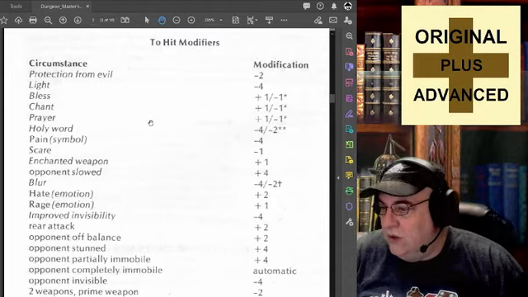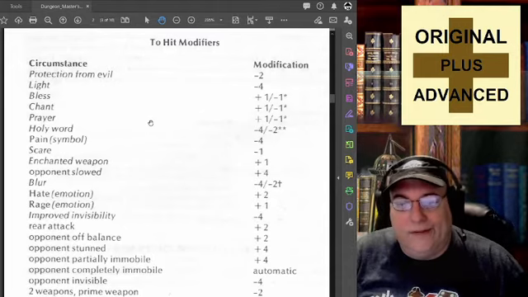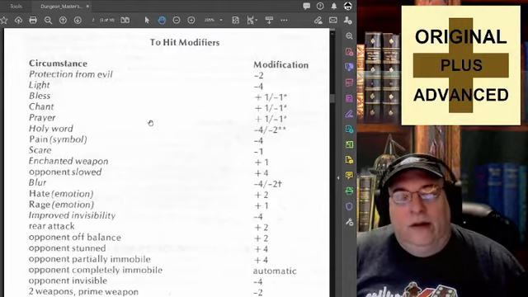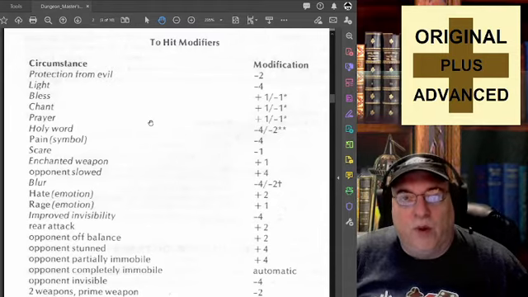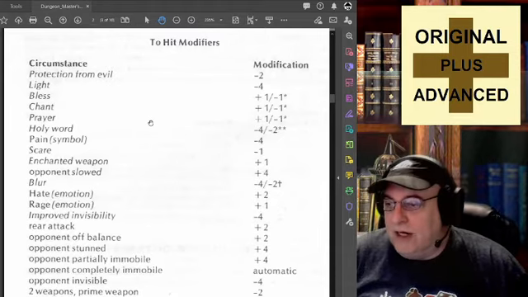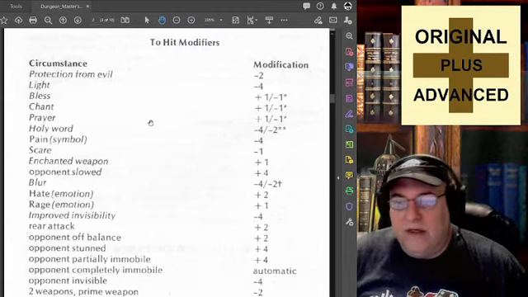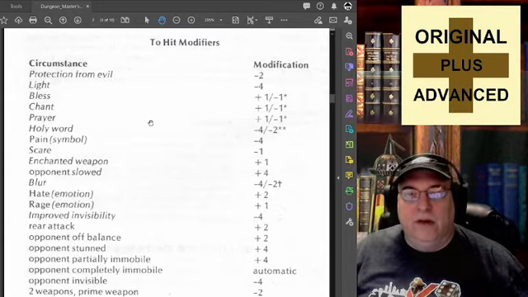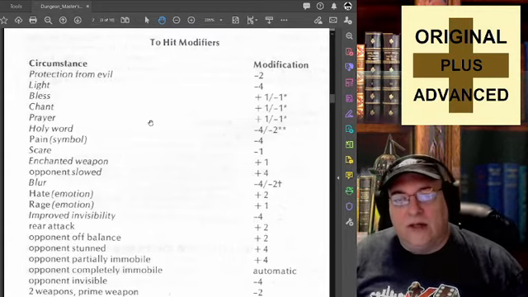What I used to do, since I like to use clipboards, I always try to keep a couple of clipboards around when I'm DMing, so I can have maps on one and details on the other.